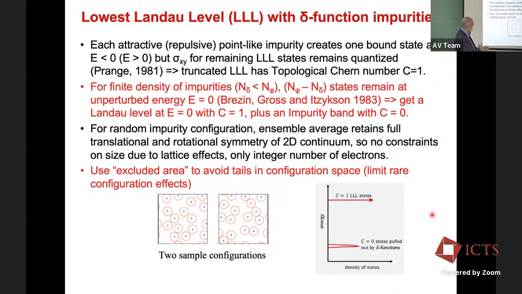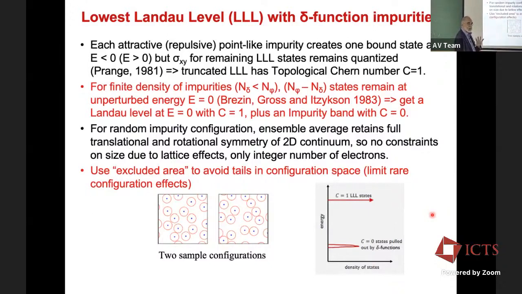And then, these impurities are randomly configured. So if you take an ensemble average for a fixed density, you can choose any number of electrons. And since this is in the continuum, the density is fixed. So you can do different sizes. That just determines how many impurities you have to put in. And the impurities are distributed randomly.